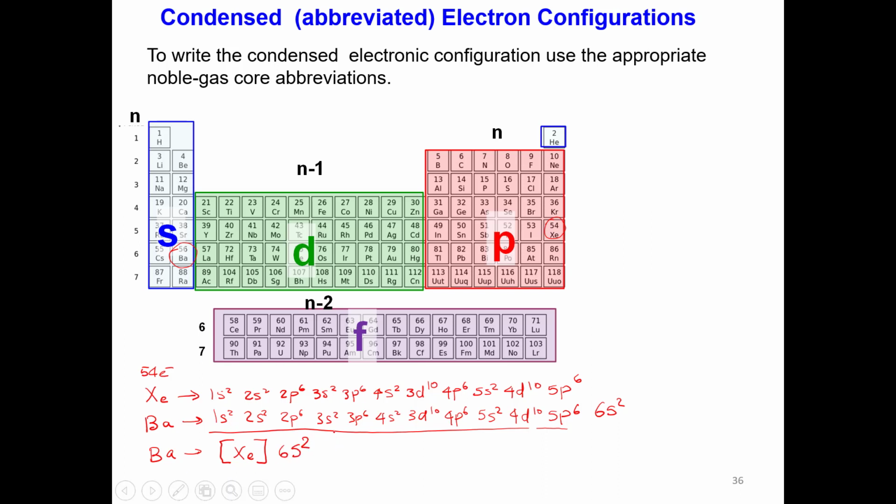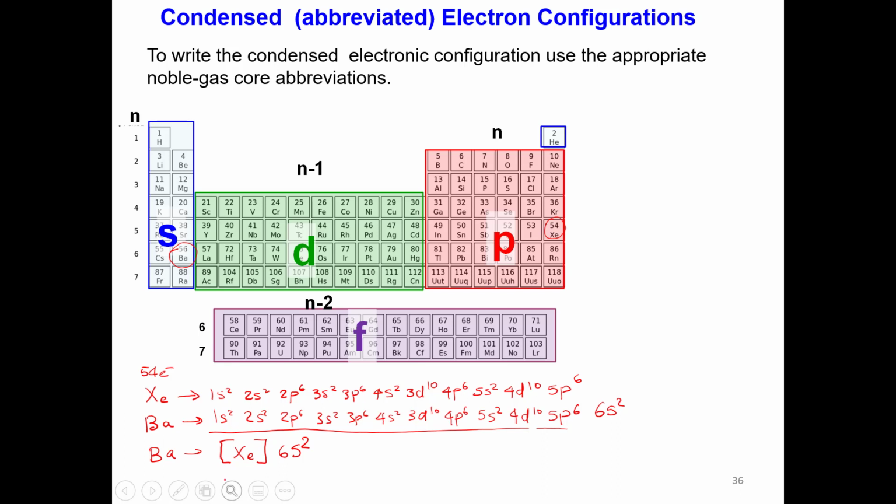We replace this by xenon in brackets, which represents that this part is exactly the same as the configuration of xenon, plus 6s2. When we write the condensed electronic configuration, we use only the noble gases as reference.